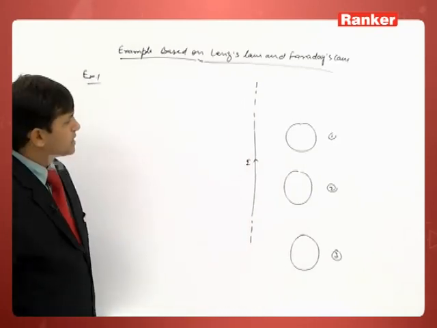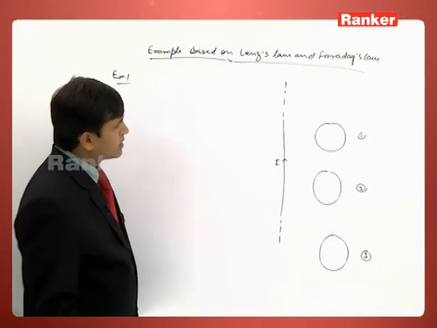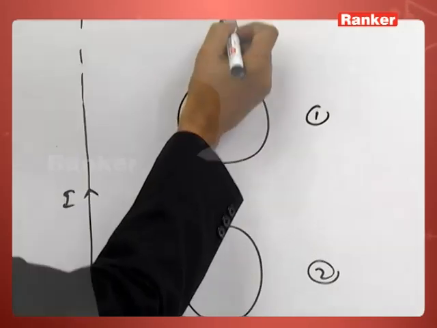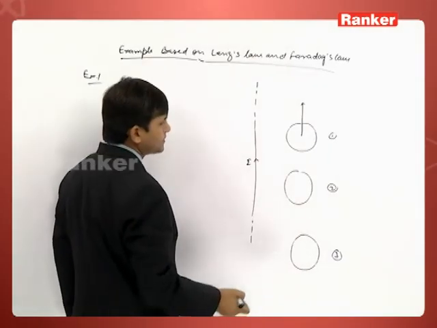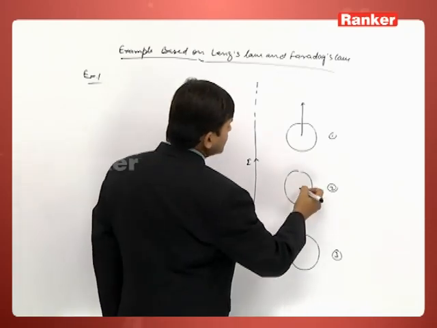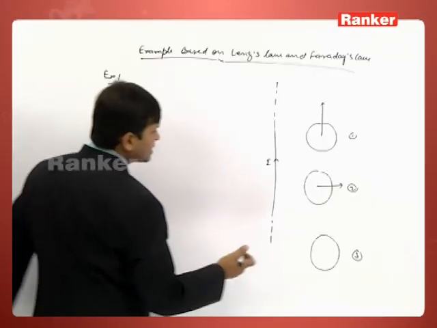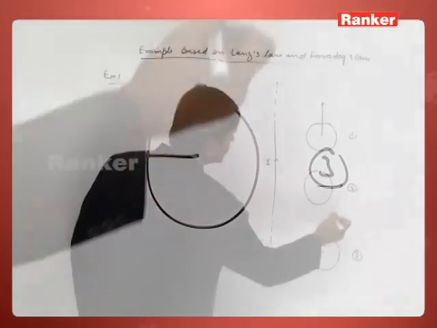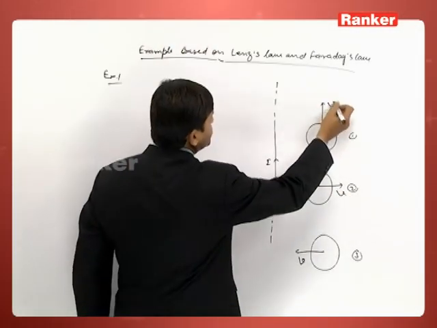Now the question is this: loop 1 is moving parallel to the conductor with velocity v, loop 2 is moving away, and loop 3 is moving towards the conductor with velocity v like this.